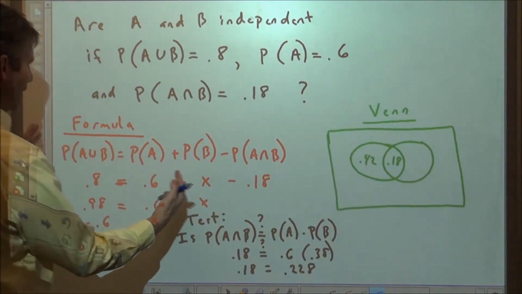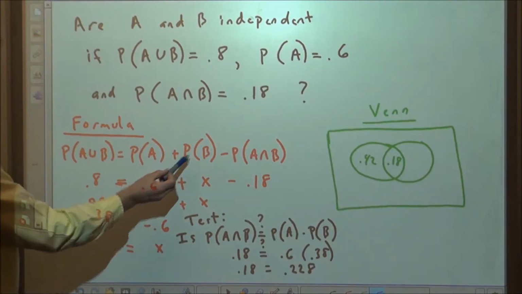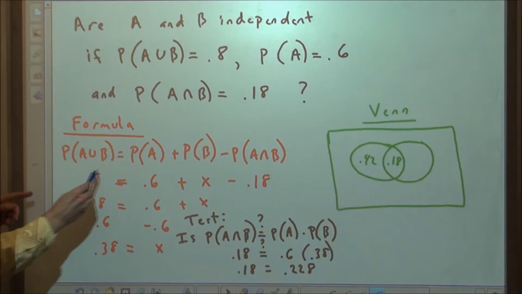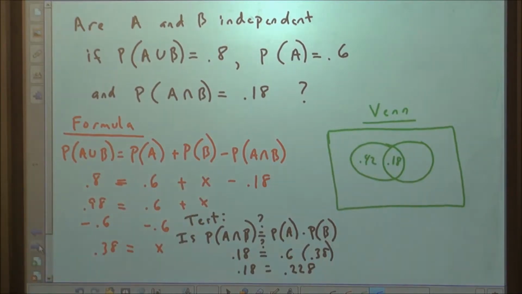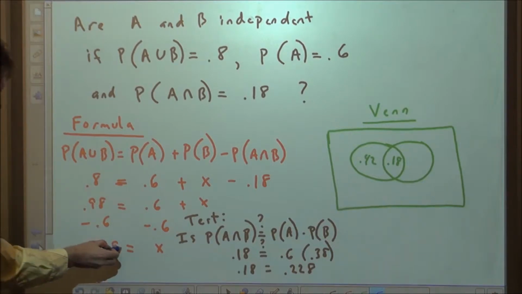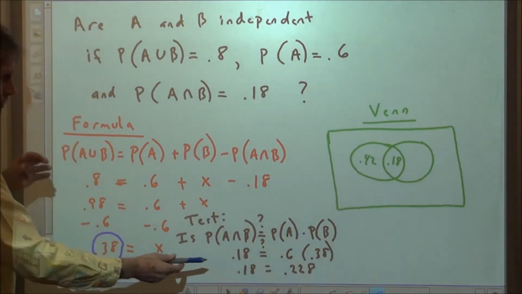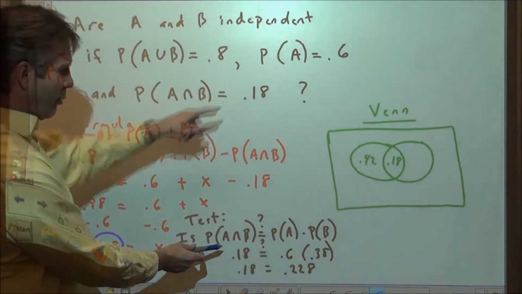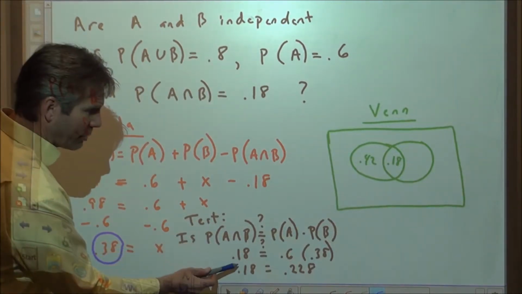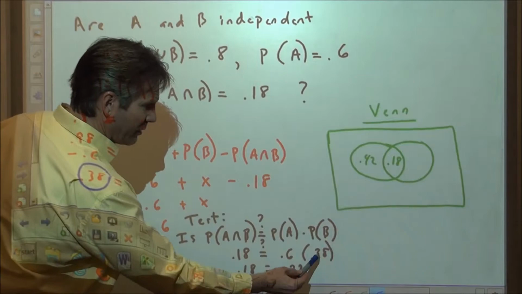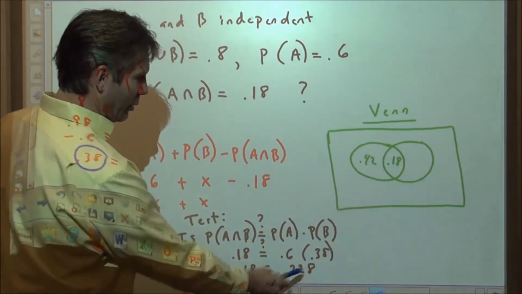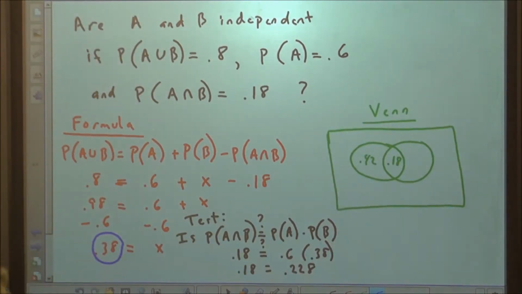So we could get the information about the probability of B from the formula if we plug in everything we know into the addition rule. So if we plug in everything we know and we solve for x, we get that x is equal to 0.38. So down here we say, well, we know that what was in the intersection was 0.18. So is that what you get when you multiply the two probabilities together? Negatory, we get 0.228, so therefore we know that the two events are not independent.